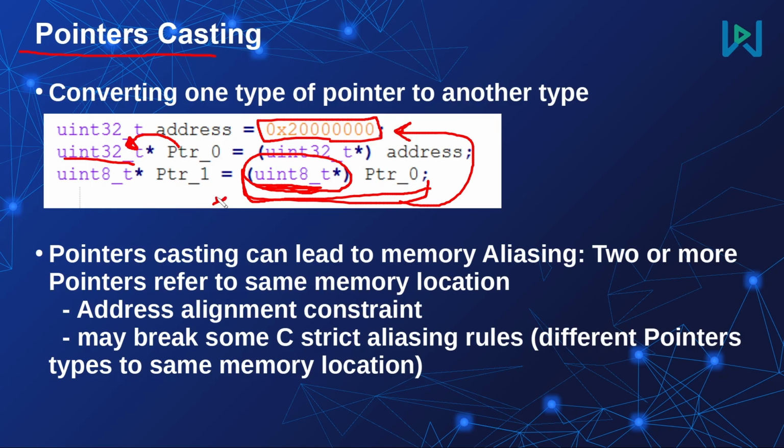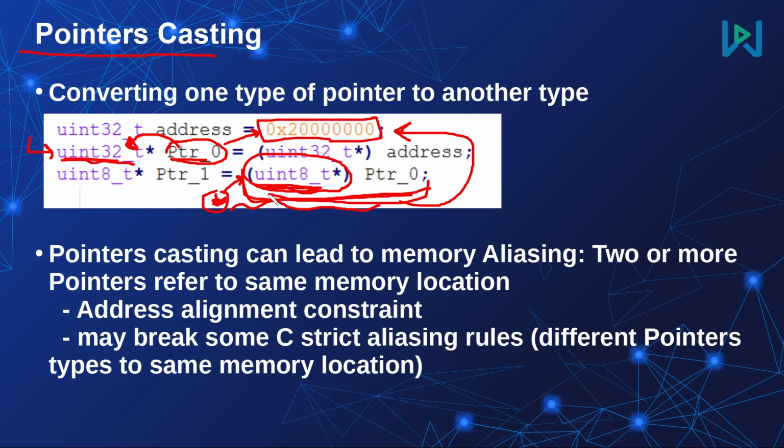Of course, to access the content of this address, we need to specify this star here. The main difference between using this pointer directly to access this address or using this casted version of the pointer is that here the access will be 32-bit based access, simply because our pointer is a 32-bit based one.